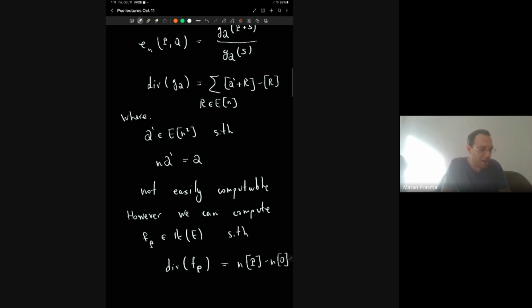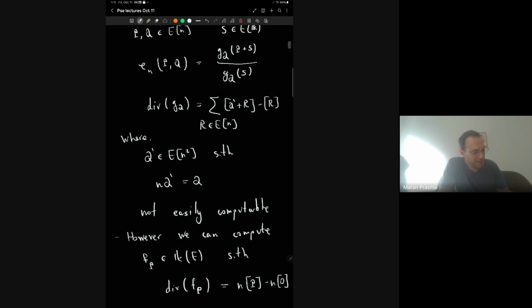Now, this statement you should not be convinced by just me saying it. We will see soon enough. This will be the Miller algorithm, but intuitively, you can imagine that it's much more feasible to try to compute f_P than to compute g_Q.